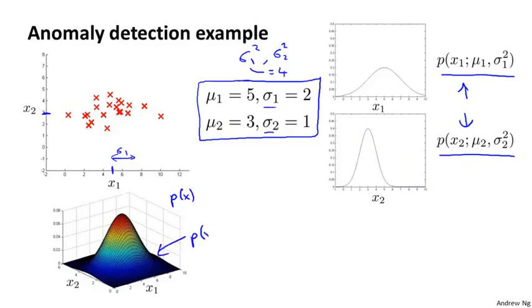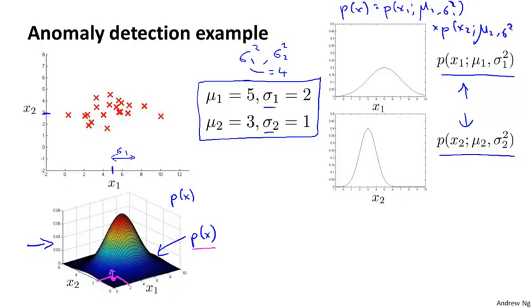So this is a plot of p of x, where the height of this surface at a particular point, given particular x1, x2 values, say x1 equals 2, x2 equals 2, that's this point, and the height of this 3D surface here, that's p of x. So p of x is the height of this plot. This is literally just p of x1 parameterized by mu1 sigma squared 1 times p of x2 parameterized by mu2 sigma squared 2. So this is how we fit the parameters to this data.